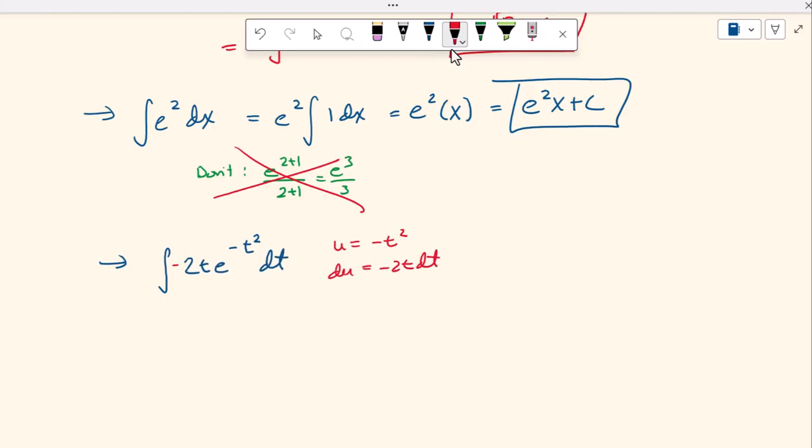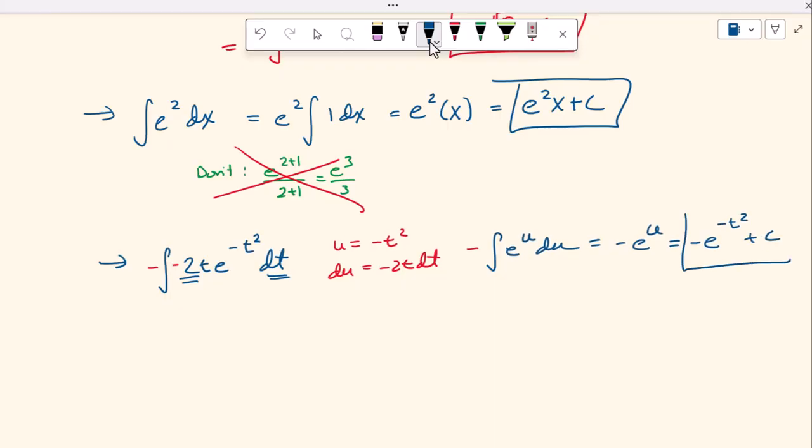So I can multiply by negative inside, compensate with the negative on the outside, and I have negative integral of e to the u du. Integrating, the integral of e to the u is e to the u, and I substitute back that u equals negative t squared, plus c. So you have to make sure you compensate on this one.